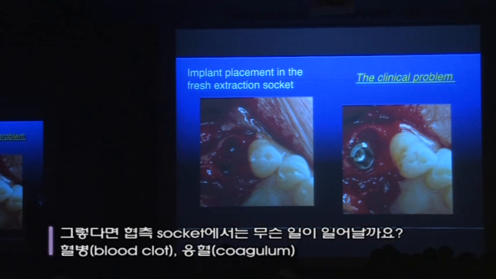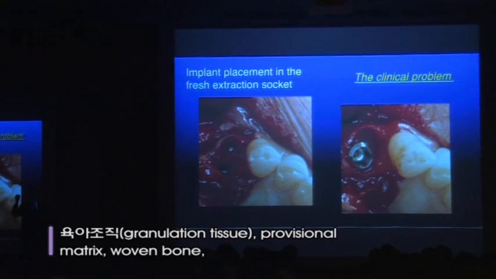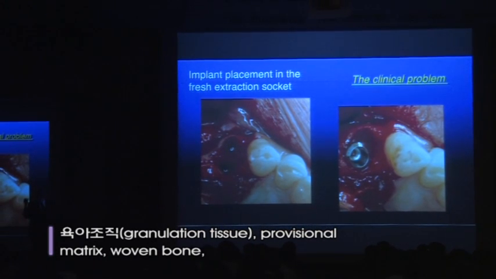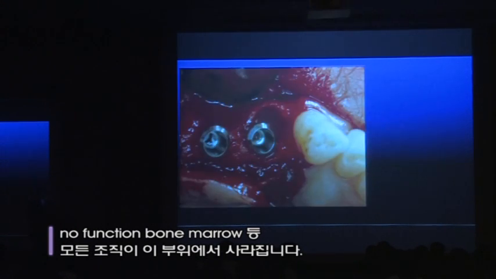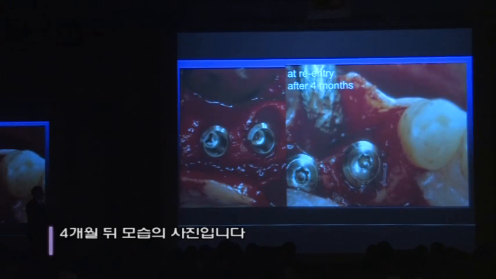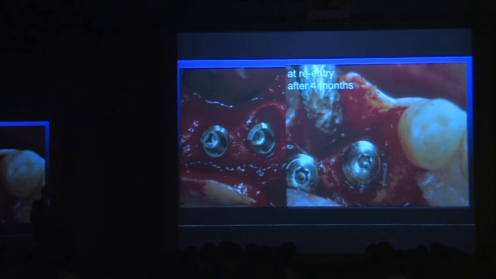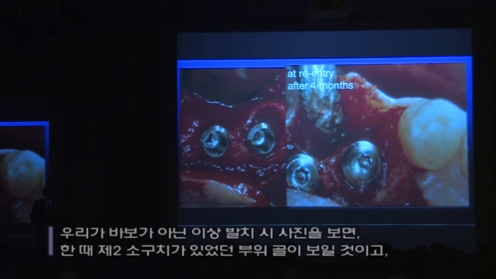What will happen here? The buccal socket: blood clot, coagulum, granulation tissue, provisional matrix, woven bone, no function, bone marrow, and the whole tissue will disappear. That we didn't know, but now we know, because this is how it looked after 3 months. But we don't have to be this intelligent.